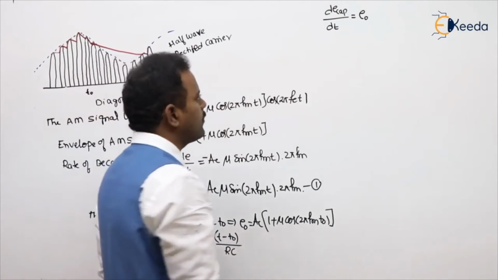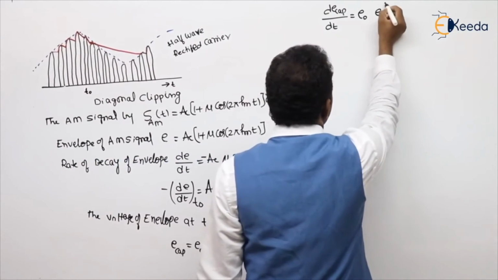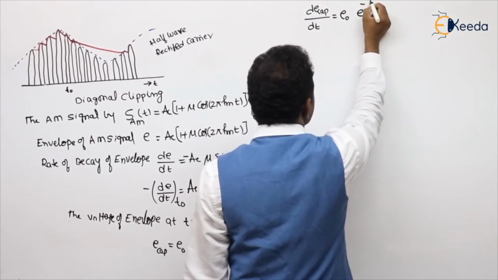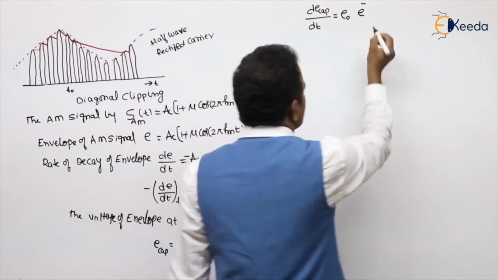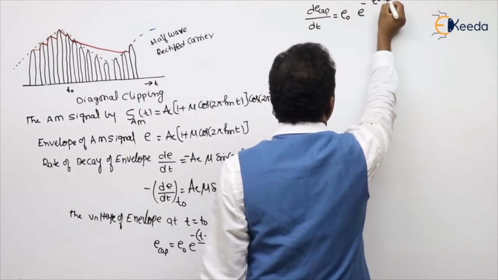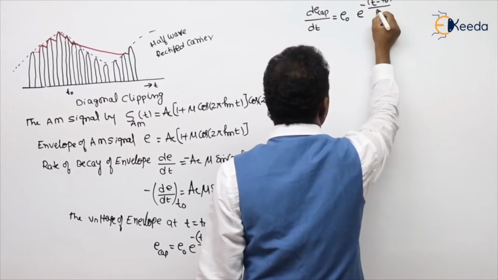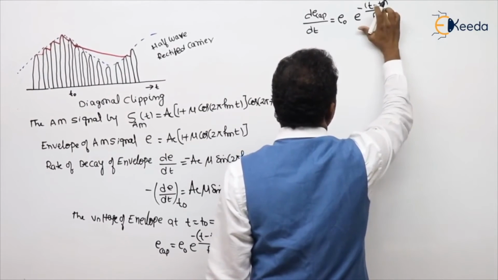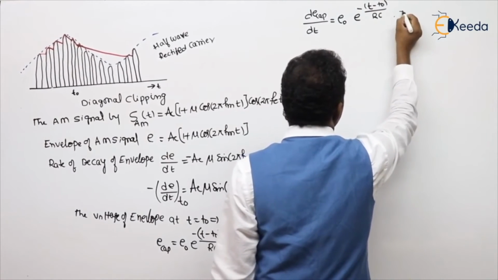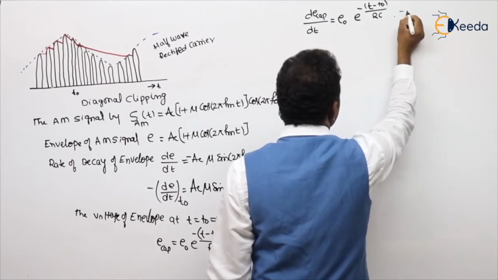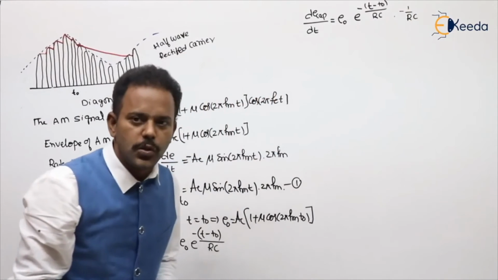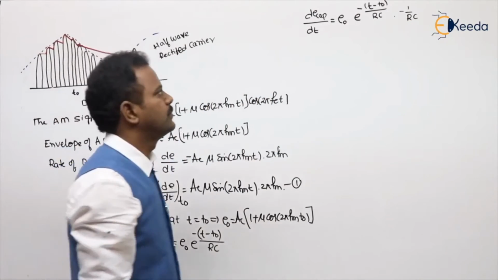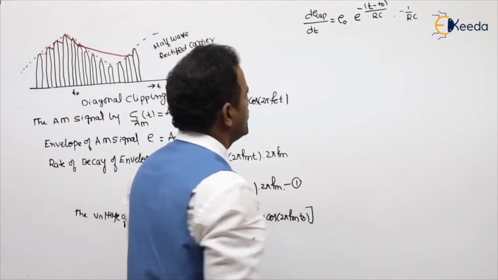If you differentiate, you will get the same e power, because the differentiation of e power is the same: e power minus (t minus t naught) by RC. But when you differentiate this, a minus will come. d by dt of t is 1, so 1 by RC, whereas the t naught value is 0, because t naught is a constant.